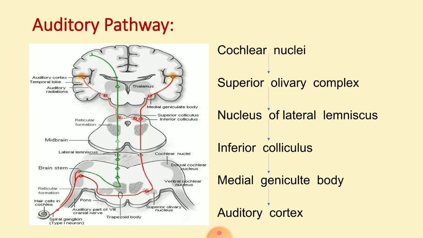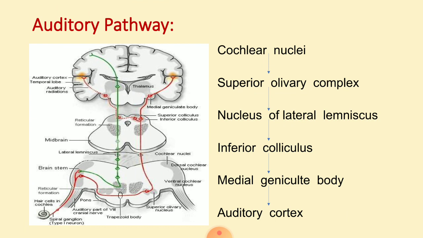Now after reaching the auditory cortex, the hearing information is processed in the primary auditory area, the primary auditory cortex, which is situated in the superior temporal gyrus in the temporal lobe, also called Heschl's gyrus, from where the information is further passed on to the auditory association cortex, or Brodmann's areas 22 and 42.